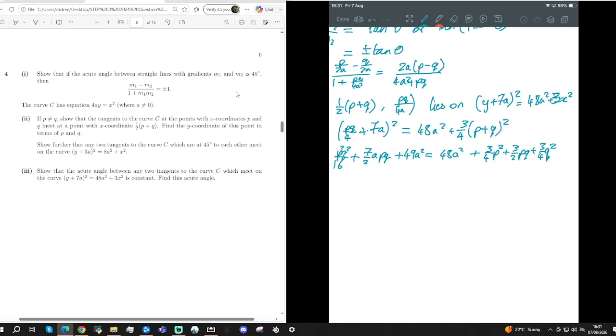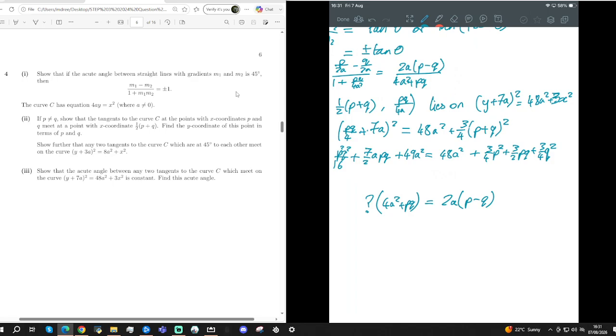Well, right now the only a's aren't in the most pleasant positions. I also want to somehow divide by a 4a squared plus pq. So ideally I want some number times 4a squared plus pq equals 2a times p minus q. I think that's what I'm aiming for the most.